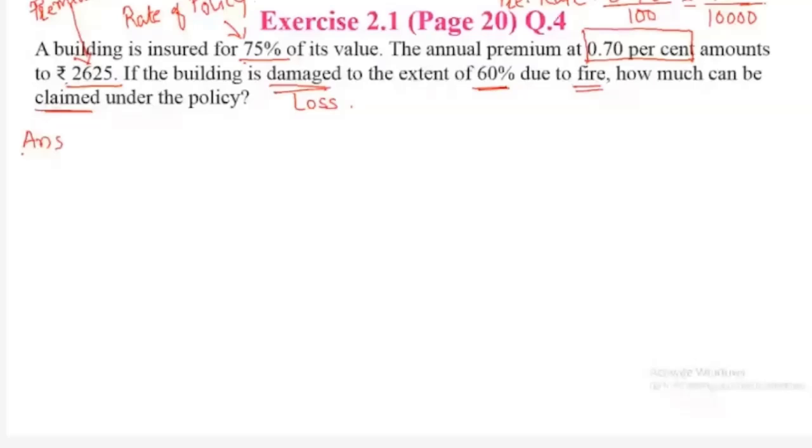How much is the premium amount? 2625. So let me start with the answer. Now, what is the formula of premium? I'll not go for policy value, I'm calculating property value, but what is the premium formula? Because premium amount is given.